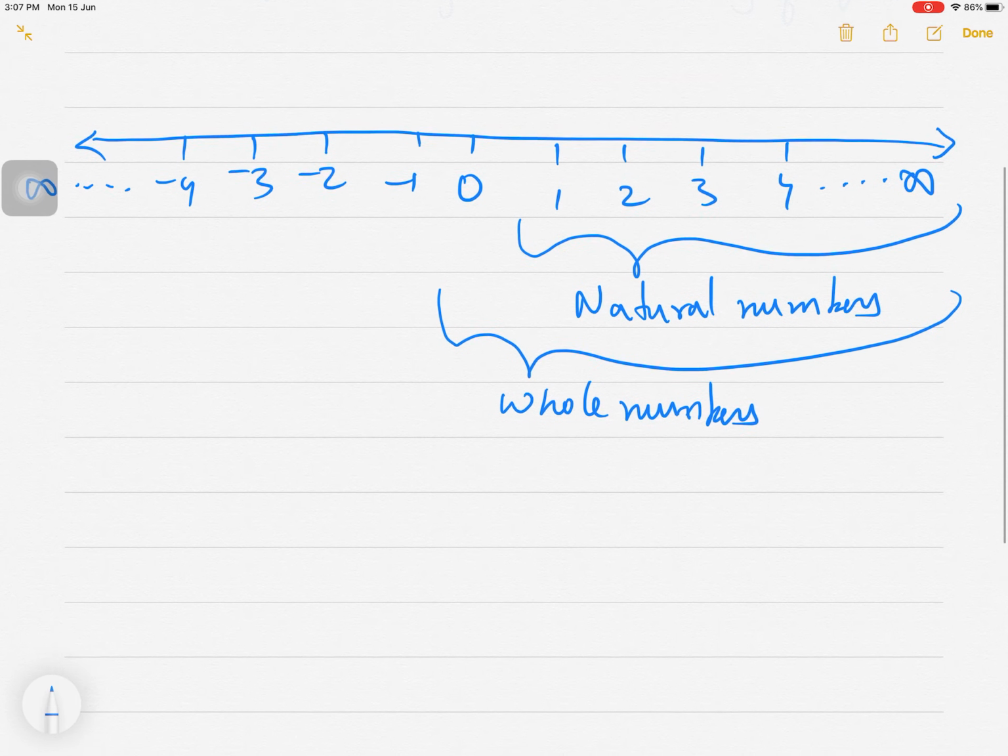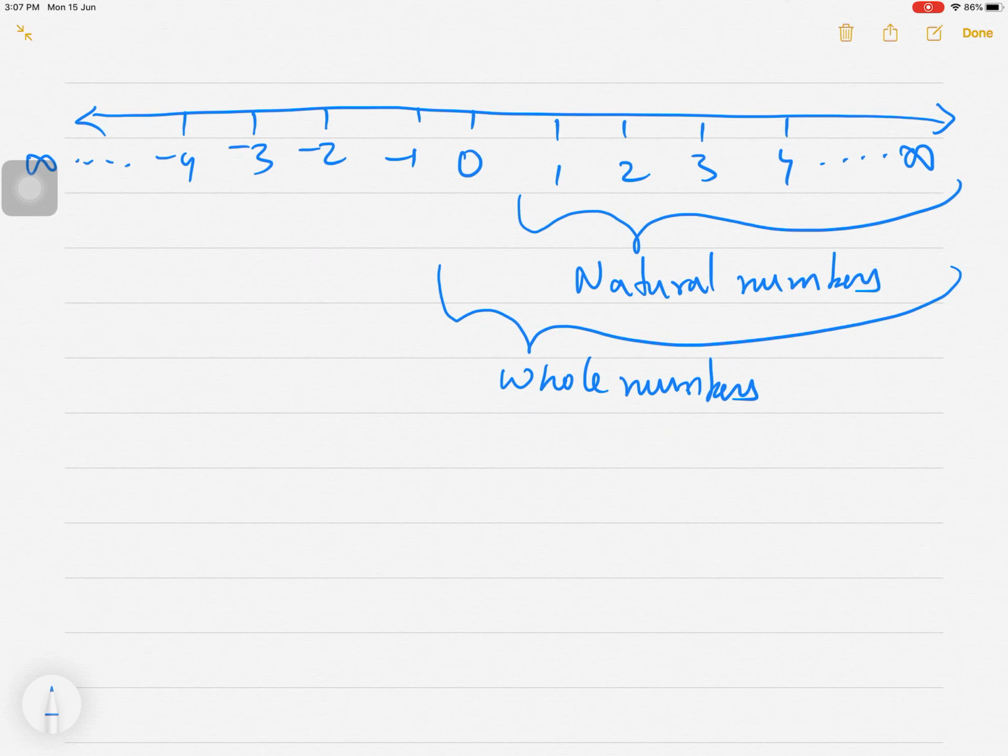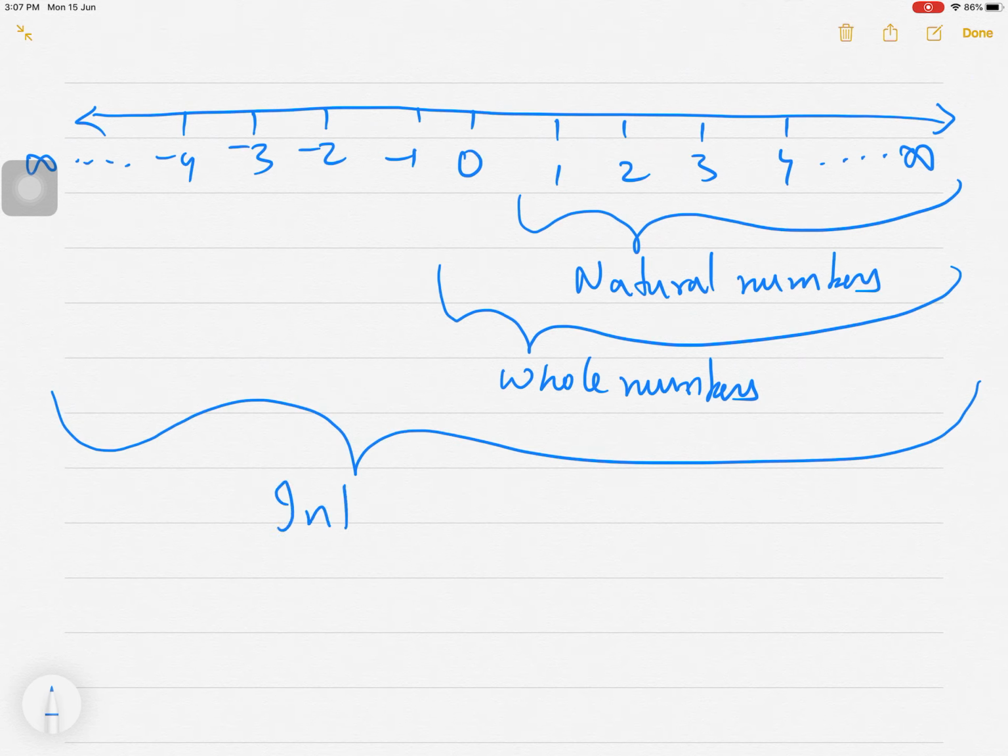And when I include negative numbers to whole numbers, it becomes integers.